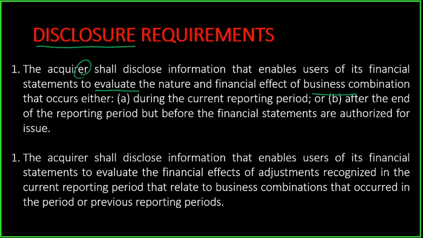And the acquirer shall disclose information that enables users, again, let me emphasize that part, the acquirer should enable users of its financial statements to evaluate the financial effects of adjustments recognized in the current reporting period that relate to business combinations that occurred in the period or previous reporting periods. Like for example, adjustments in our contingent considerations which affected your goodwill. Ganon. Those things have to be disclosed.